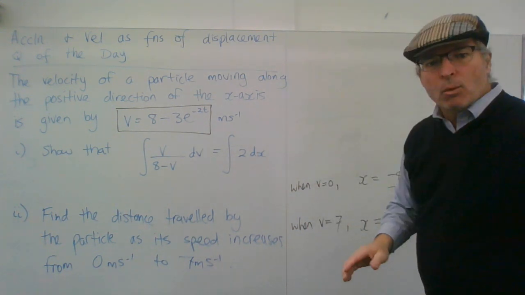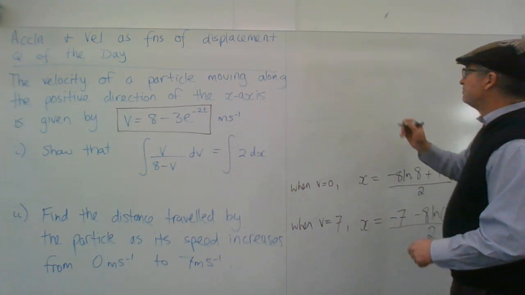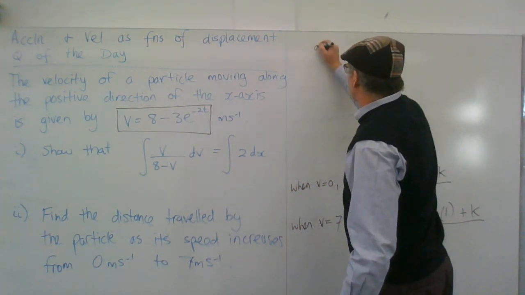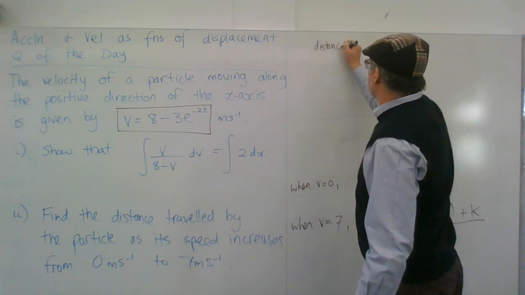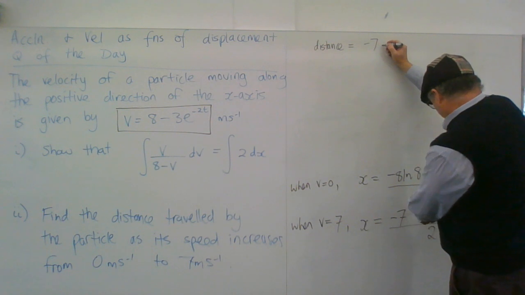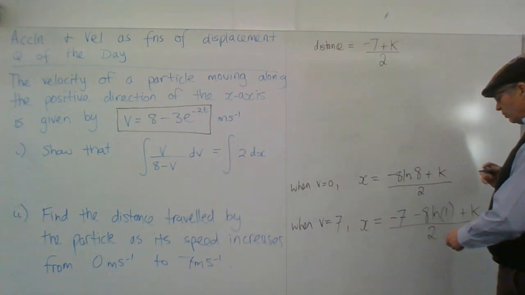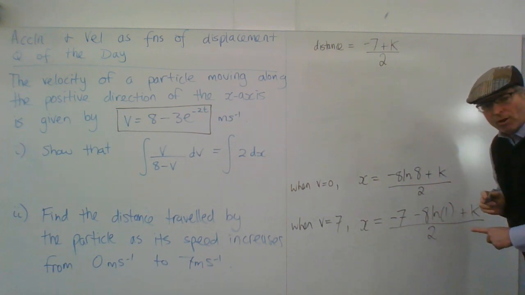When velocity is 7, this is minus 7 plus k on 2, because natural log of 1 is 0.